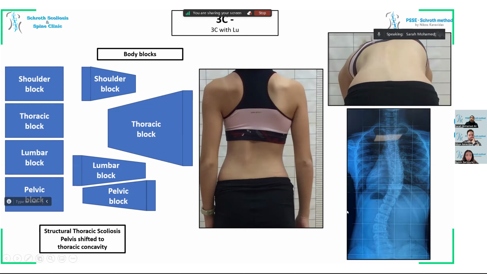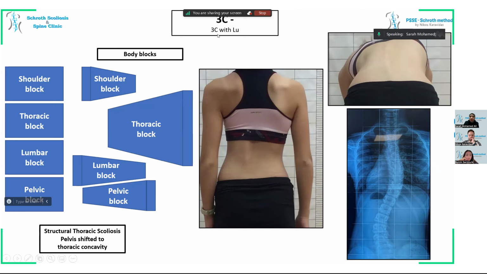All of these criteria mean that if I did an overcorrection to the main or thoracic curve, I might worsen this curve type. And this is very important in our classification system, because if we treated all patients having a 3C with the pelvis shifted to the thoracic concavity with the same concept, some patients will get better, but if I did overcorrection to all of the patients, and I'm having a significant lumbar curve, this curve will worsen.